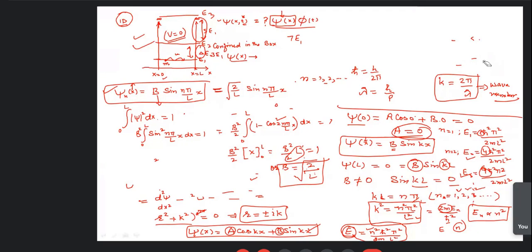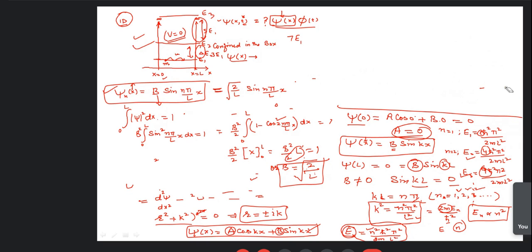Then you can write a wave function for the particle when we excite it from this state to some excited state, corresponding to n equals 2, if that excited state is represented by n equals 2. So we can plot these wave functions as a function of x. I'm plotting this with x going from 0 to x equals L, along this axis here.